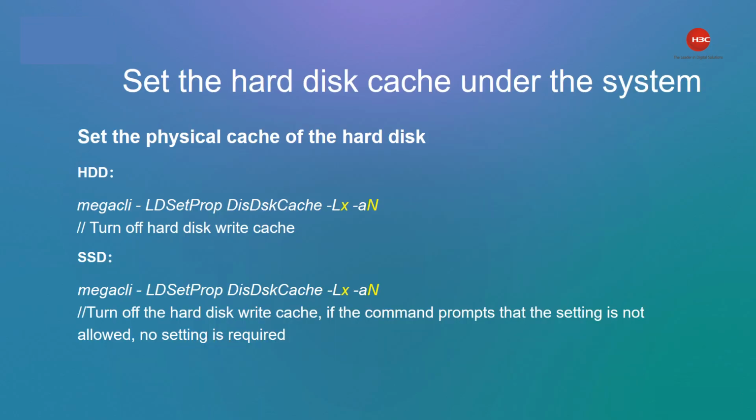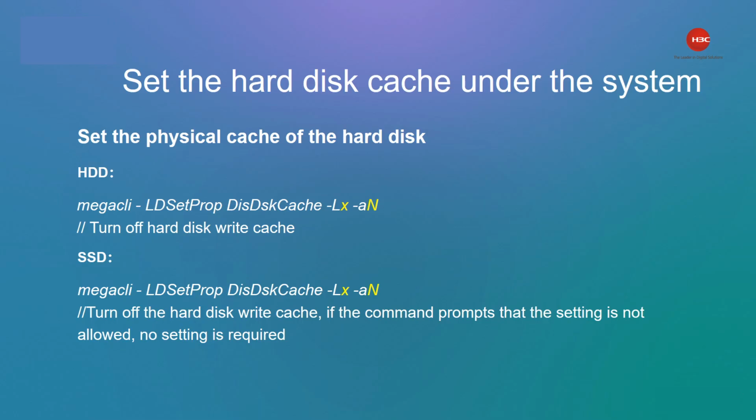Next, let's learn how to set the hard disk cache on the command line through the MegaCLI tool. We can turn off the physical cache of the hard disk through this command. The X in LX represents the number of the logical array, and the N in AN represents the slot number of the array card, which needs to be modified according to the actual situation.